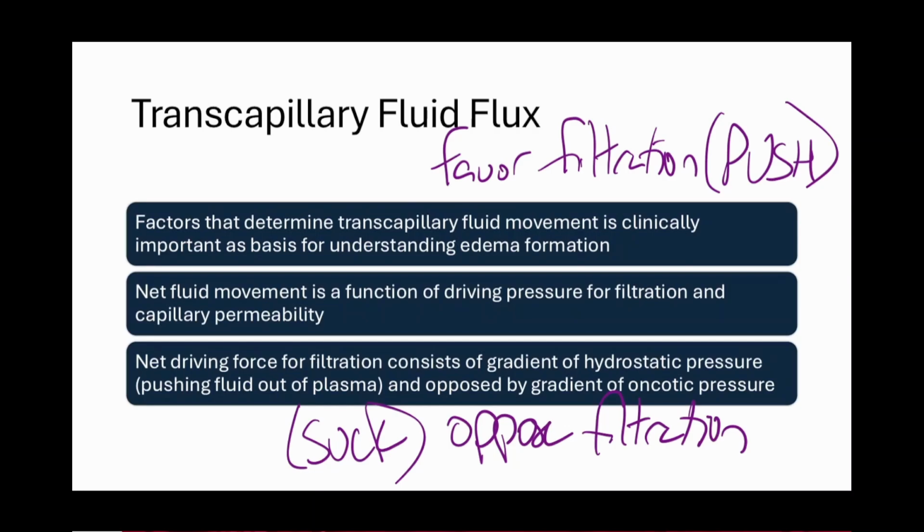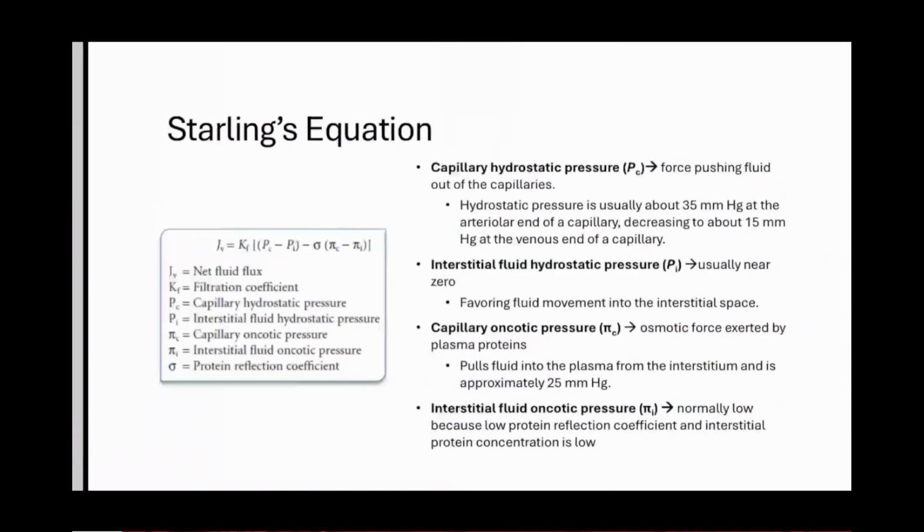No. If the factors that favor filtration are higher than the factors that oppose filtration, which way is the water going to move? Out. If the factors that oppose filtration, the suck, are greater than the forces that favor filtration, where's the water going to stay or go? In the capillary. It's going to get pulled back in, sucked back in. So keep this in mind as we go through this section.